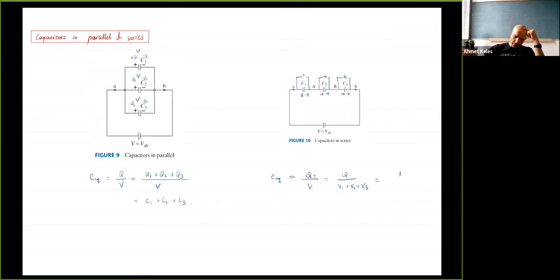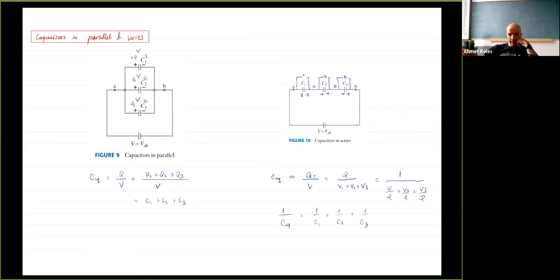So 1 over C equivalent is V1 over Q plus V2 over Q plus V3 over Q, which implies 1 over C equivalent is equal to 1 over C1 plus 1 over C2 plus 1 over C3.